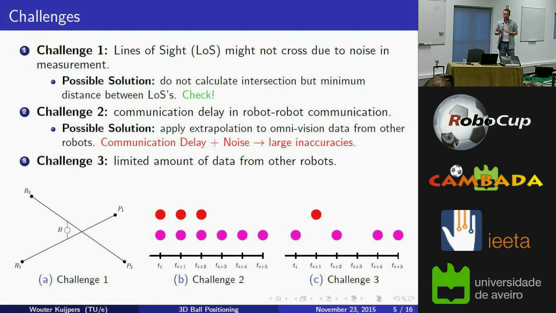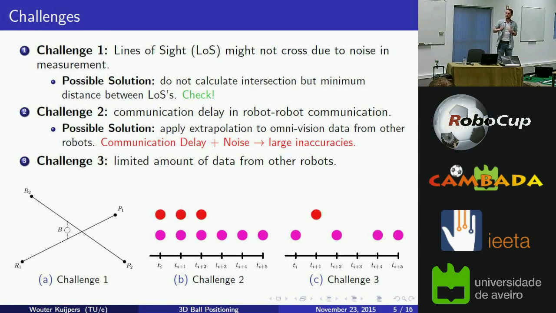So in this case, we have first one big challenge, which is the communication delay between robots in the robot-robot communication. As you can see in the second figure, for example, if the pink robot is the actual robot we are, then the data from the peer robot, the red one, will not arrive immediately. It will arrive, for example, after 3 samples. So how are we going to treat that?